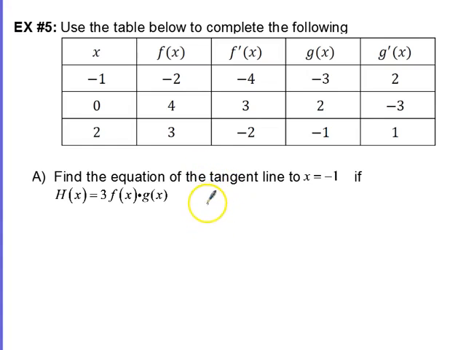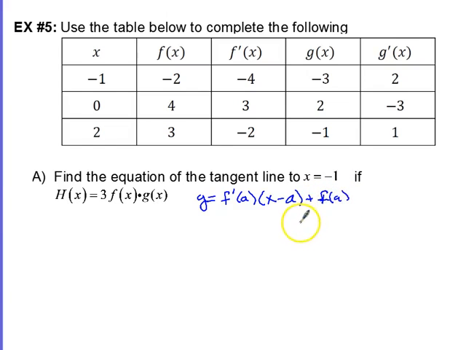Well, you may remember that we used the point slope formula for that, and we had a special formula that we used making use of our differential calculus. So y is equal to f prime of a, the slope of the tangent line at point a, times x minus a, plus f of a.